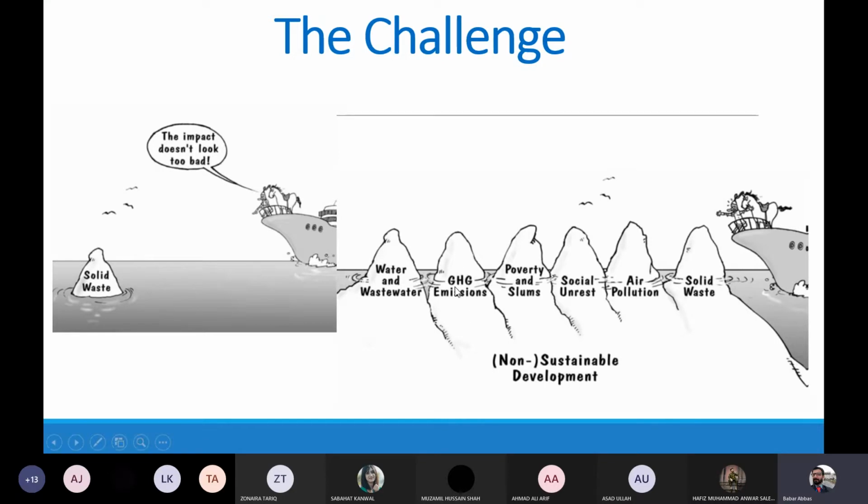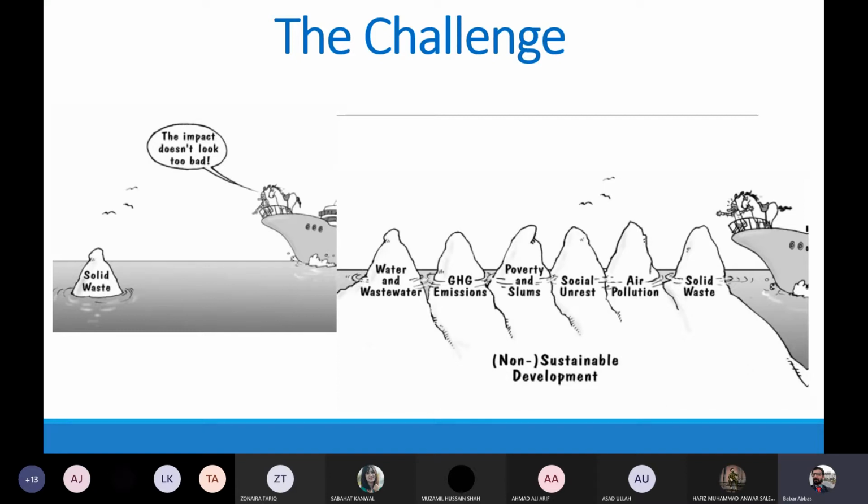Then comes the greenhouse gas emissions. Once you have managed the solid waste and you have dumped or disposed of it properly, even then it is emitting greenhouse gases due to the decomposition process. So that's another problem which is being added into global warming across the globe, because everybody would be dumping their waste into the landfill sites and considering that they have done with the waste management.